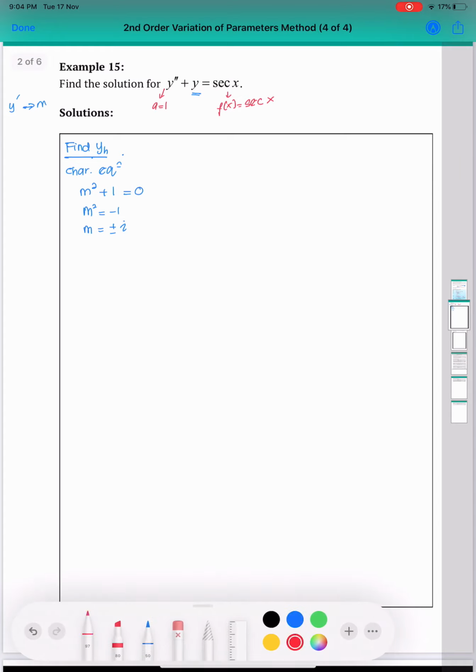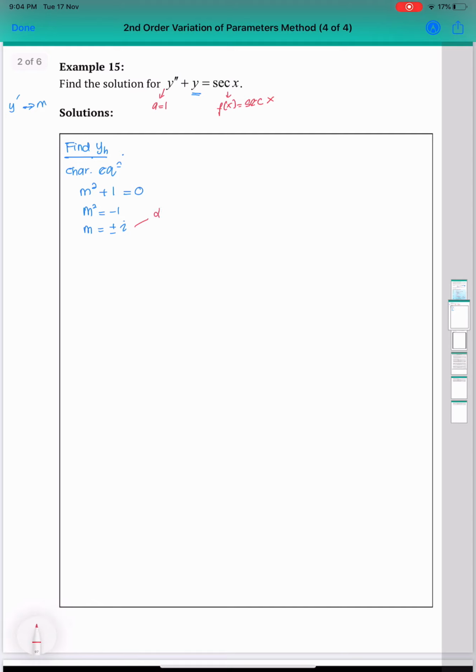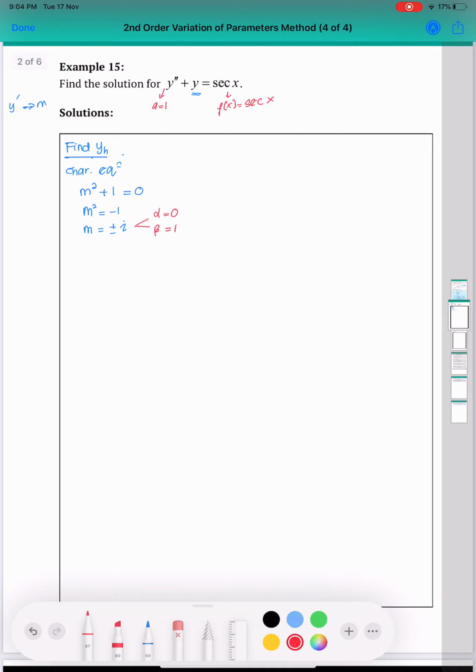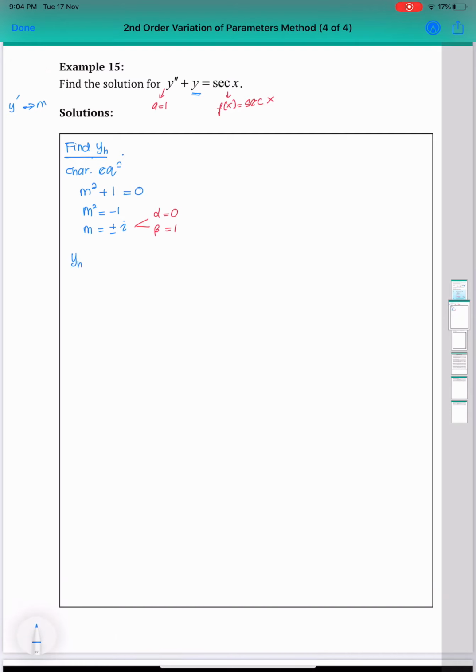Remember that for a complex conjugate we have alpha plus beta i. In this case, alpha equals 0 and beta equals 1. So my yh is equal to e to the alpha x, so e to the 0, times a cos beta x, so a cos x, plus b sine x. So I obtain yh equal to a cos x plus b sine x.